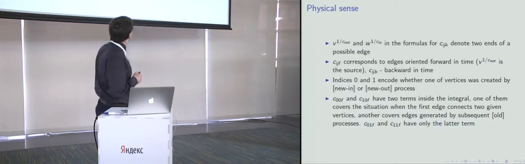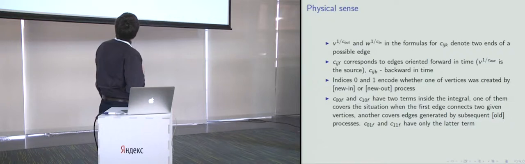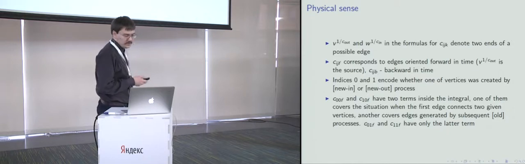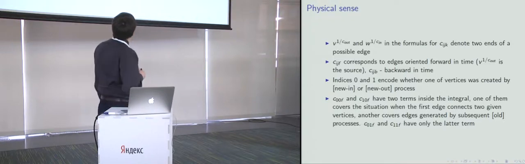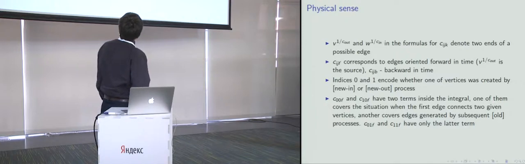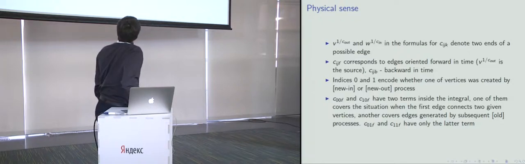More strictly, the physical sense continued. V and W represent two vertices between which we calculate the number of edges. And there are 8 cases according to whether the edge is oriented forward in time or backward in time, whether the first vertex was created by the new or adjoint process, and whether the other vertex was created by one of these two processes.